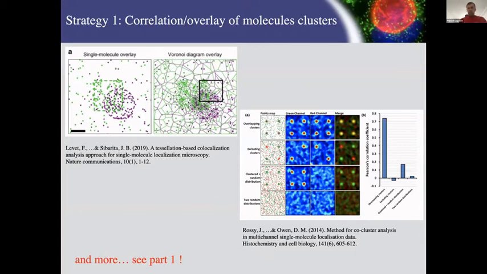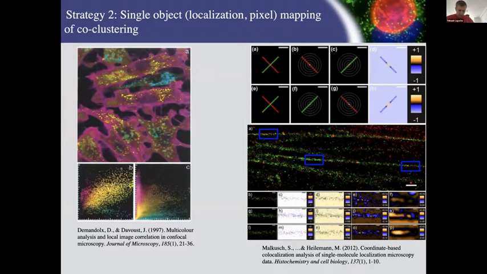And there is a second strategy. So my classification is a little bit different from the classification of Florian, but this second strategy is the coordinate-based localization that he really described. More generally, this type of strategy, I call the single object, and the object can be a localization or even a pixel, because we have examples of such techniques more than 20 years ago in confocal microscopy, mapping of co-clustering.